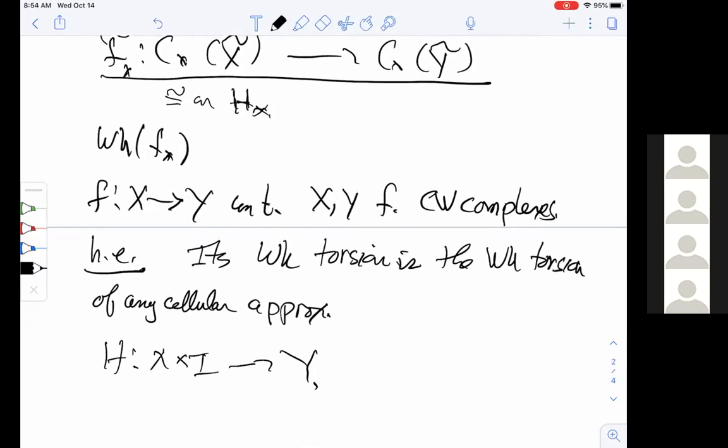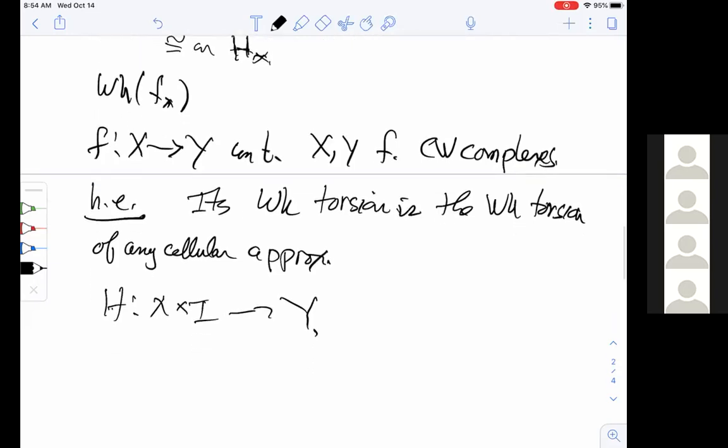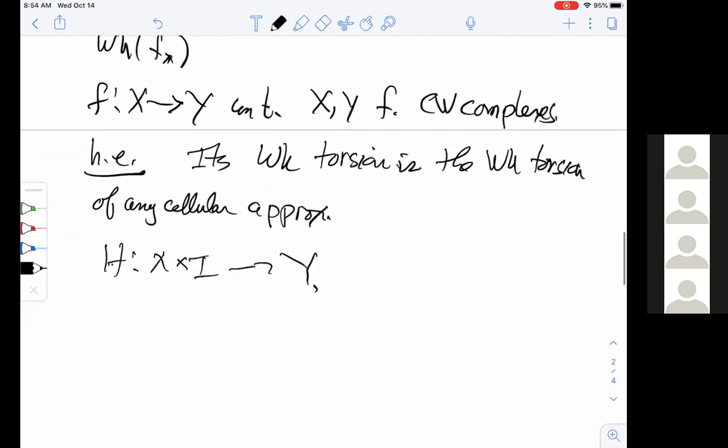Those are simple homotopy equivalences. So the Whitehead torsion of this cellular homotopy is the same as the Whitehead torsion at either end. And so you get a well-defined notion of the Whitehead torsion of any continuous map between finite CW complexes.